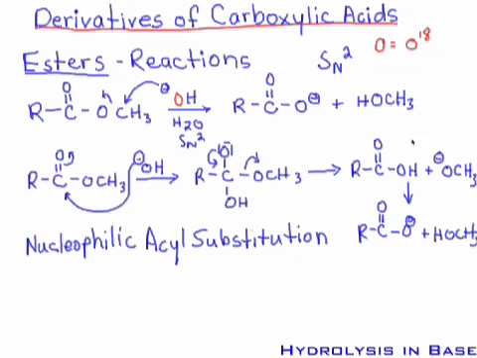Now, if we track the oxygen of the hydroxide as to where it ends up, in the SN2 reaction, we discover it ends up in the OCH3. But if we track it in the nucleophilic acyl substitution reaction and watch where it ends up, we notice the oxygen 18 ends up in the carboxylate.